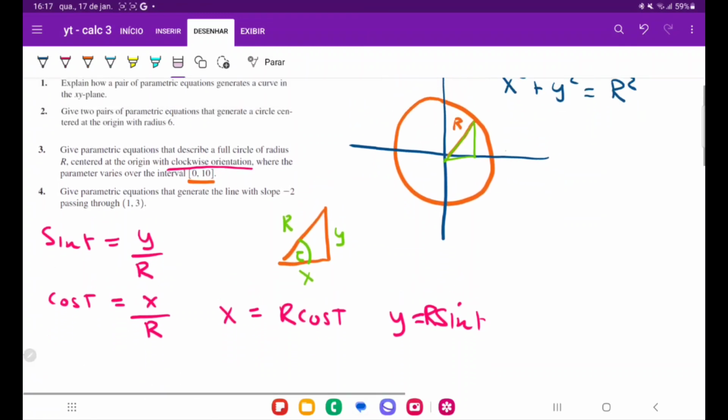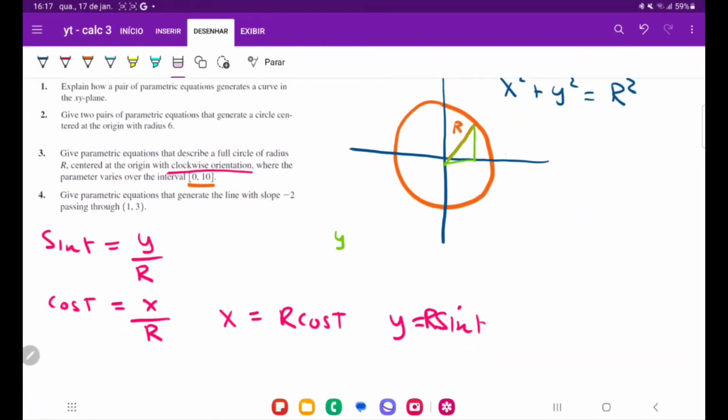And the way that we're going to do this is we're going to think about it like this. So we're going to say x is equal to r cosine of, I'm going to say kt, where k is just some constant, right? And why are we doing this? Because when I plug in 10, I need cosine to behave as though I had plugged in 2 pi.